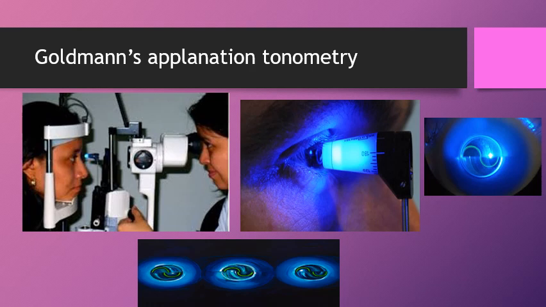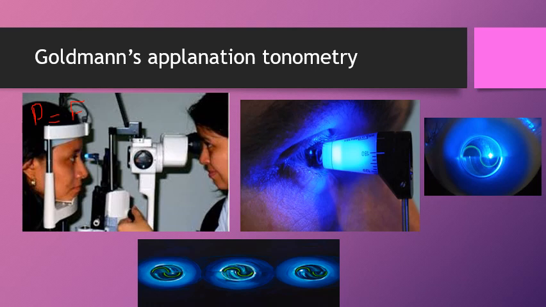The Goldmann applanation tonometer is the most accurate and most commonly used method of measuring IOP. It has biprisms mounted on a standard slit lamp.